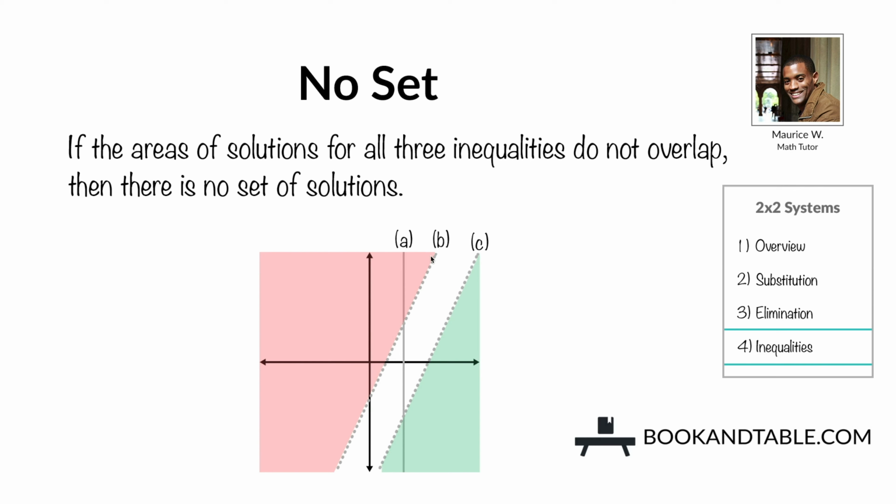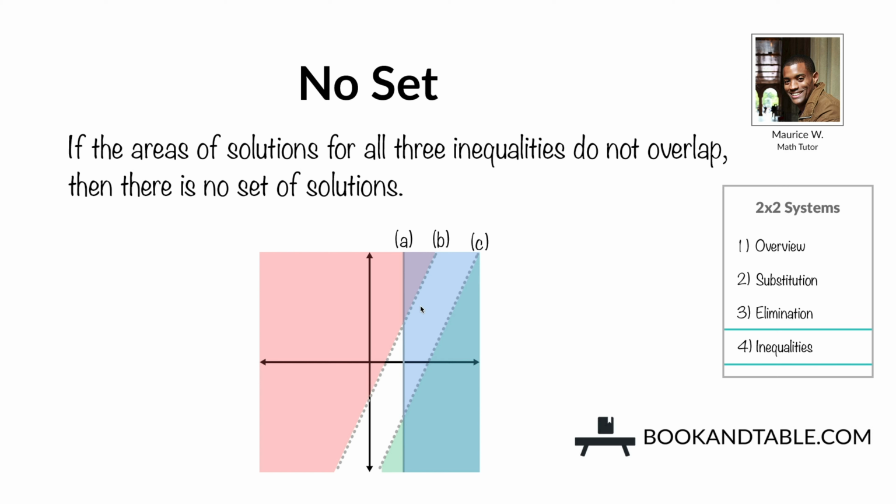So if the solutions to the left of this line or above this line solve B, and the points below C solve C, then it doesn't matter if the points to the left of A or to the right of A are looked at.